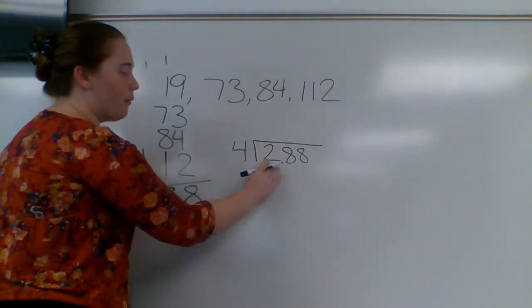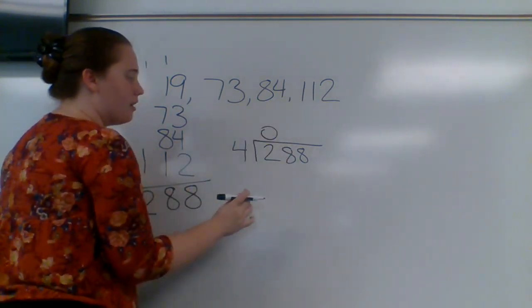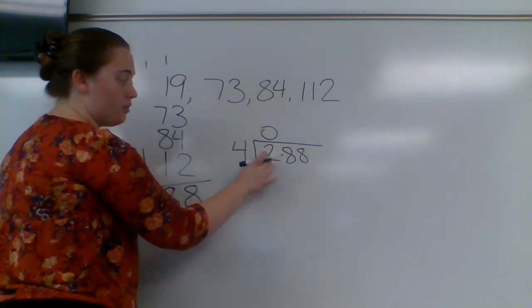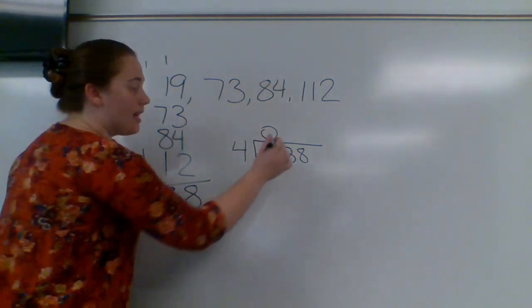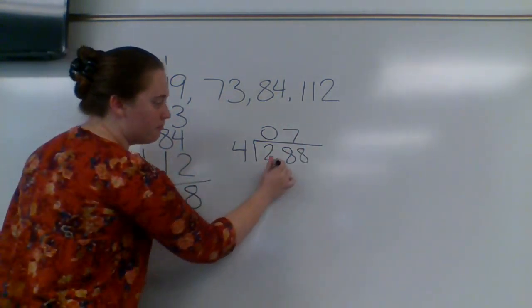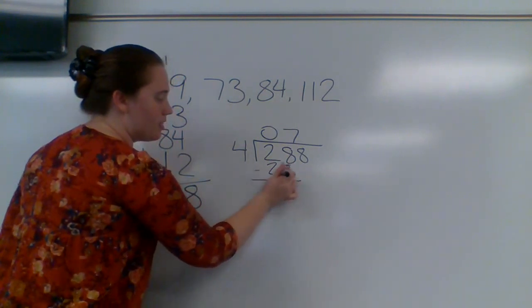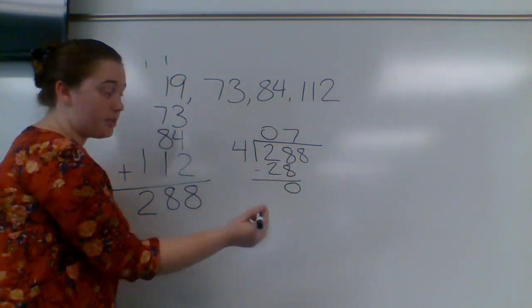So we have 4 will go into 2 0 times. Put a 0 right there. And we can skip that 0 to go 4 into 28. I know that 4 will go into 28 7 times. 7 times 4 is 28. 28 minus 28, well that's easy, that's 0, and 0 is smaller than 4, it's a good comparison.